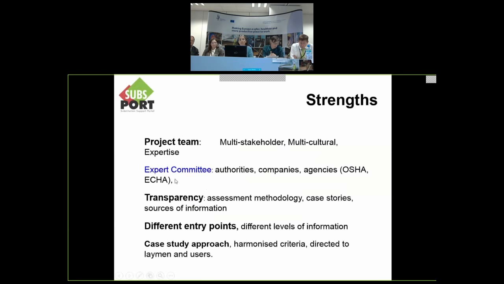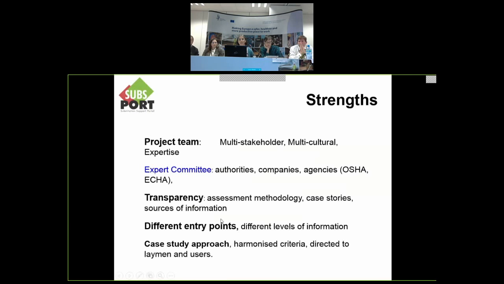I think that transparency is also a strength, that we say what the tool does and what it does not do, and everything is very clearly stated, all the methodologies, all the sources of information. Everybody sees exactly what alternative we are including, and can afterwards decide if they think it's a good or not a good alternative.